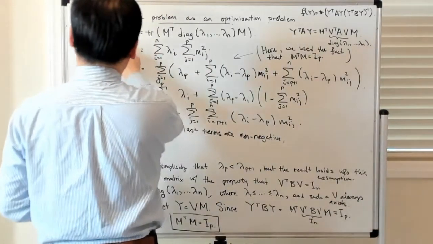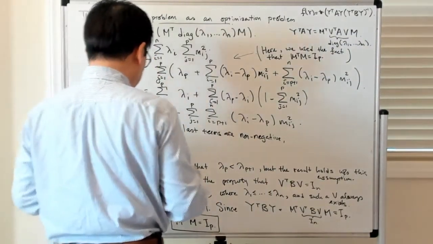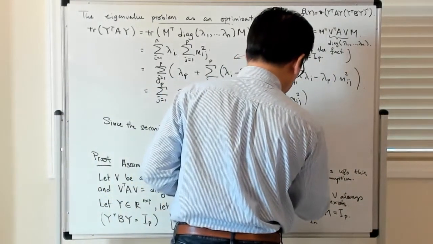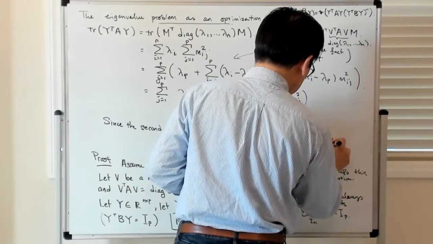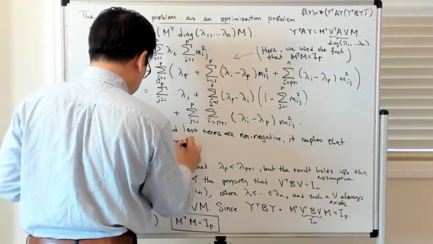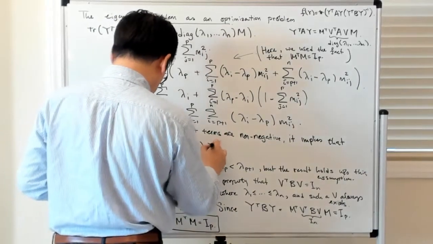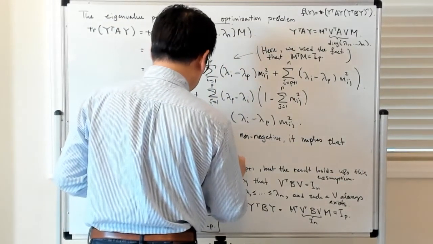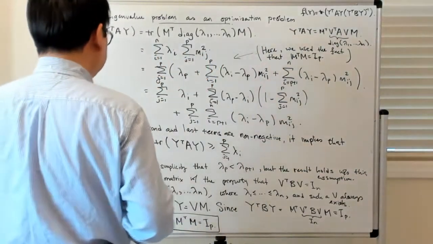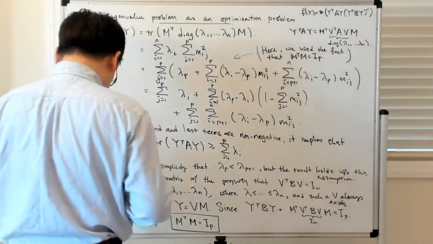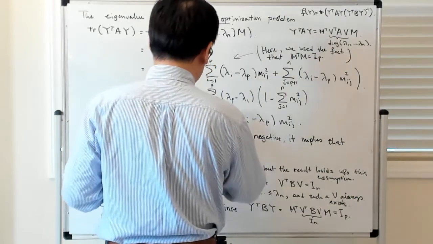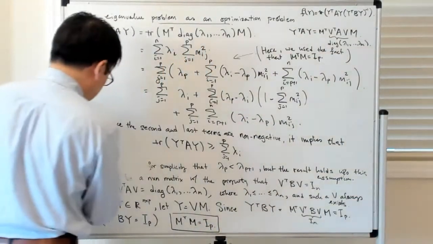That means that this thing is greater than or equal to just this sum here. The trace of Y transpose A Y is greater than or equal to the sum from j equals 1 to p of lambda i. Okay. And then you only get equality if those two terms vanish.